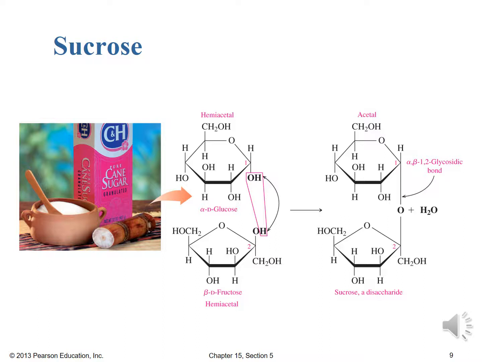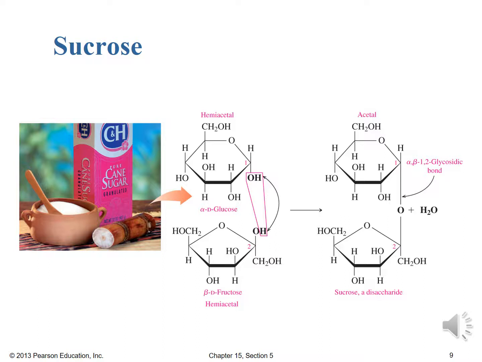In this case, it's the carbon 1 of the alpha D-glucose that forms the glycosidic linkage with carbon 2 of the beta D-fructose. So we form that bridging oxygen ether-type linkage, which is an acetal, to form the alpha-beta 1,2 glycosidic bond. So very different disaccharide formation than the other disaccharides we talked about, the lactose and the maltose.